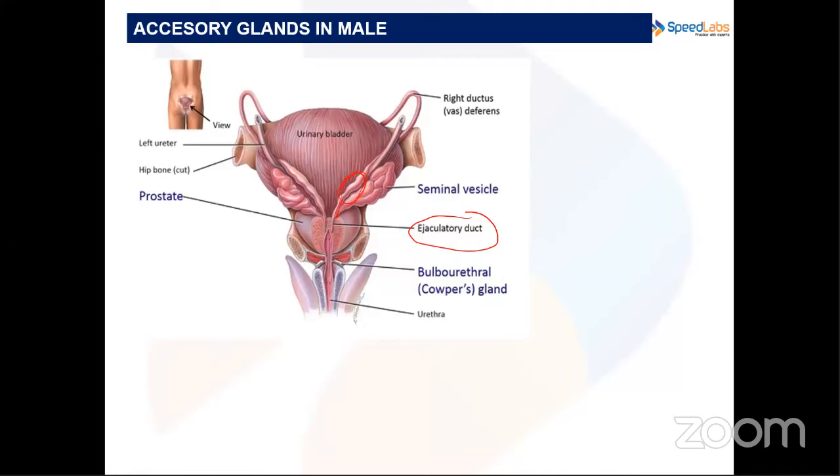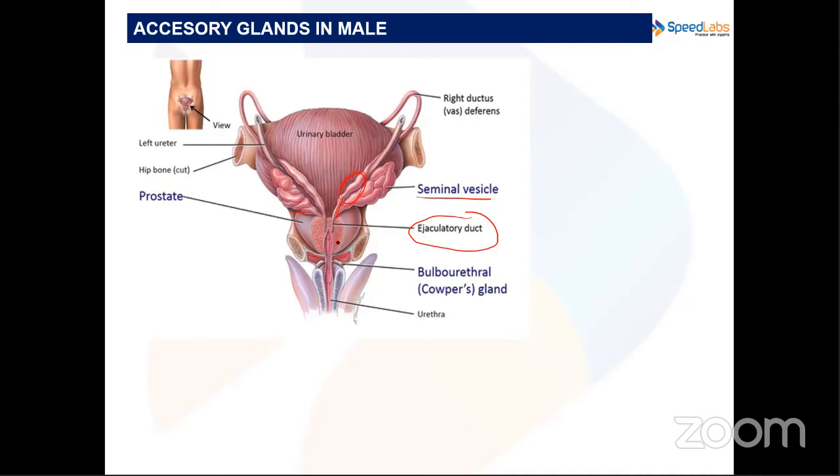All right. Now look at this diagram. This diagram shows accessory glands in the male, and there are 3 important glands. You can see a pair of seminal vesicles, and the ejaculatory duct where the sperm duct meets the seminal vesicle.